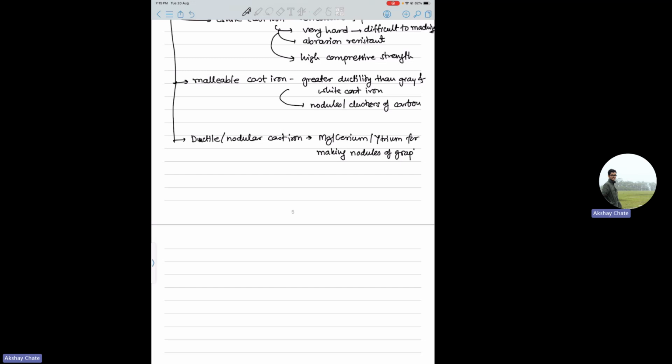So here graphite is there, but not in flaky form, it is in nodular form. Okay, and they use magnesium, cerium, or yttrium for those nodular stabilizers.